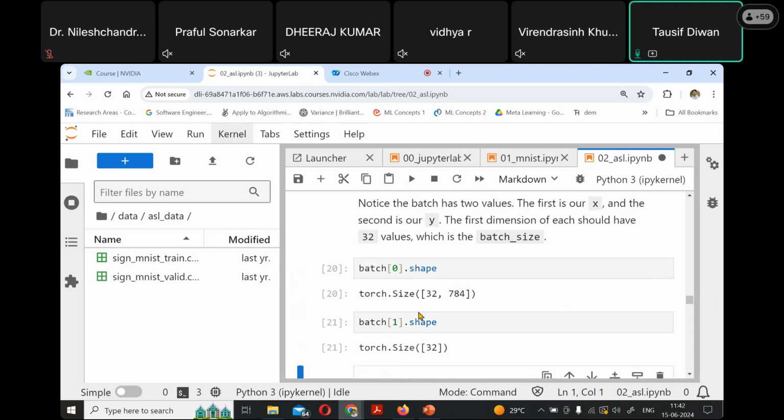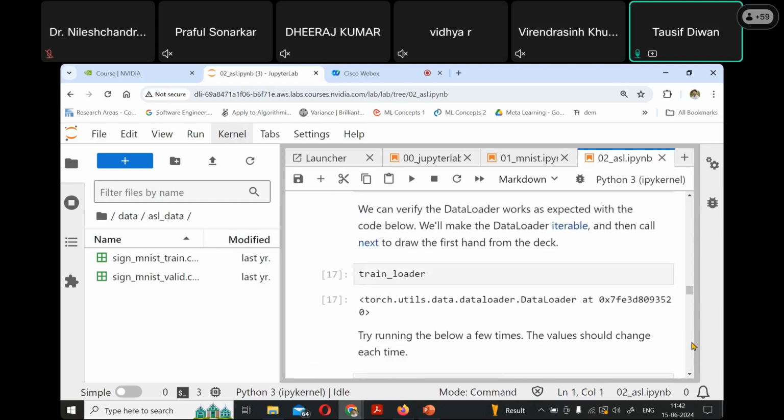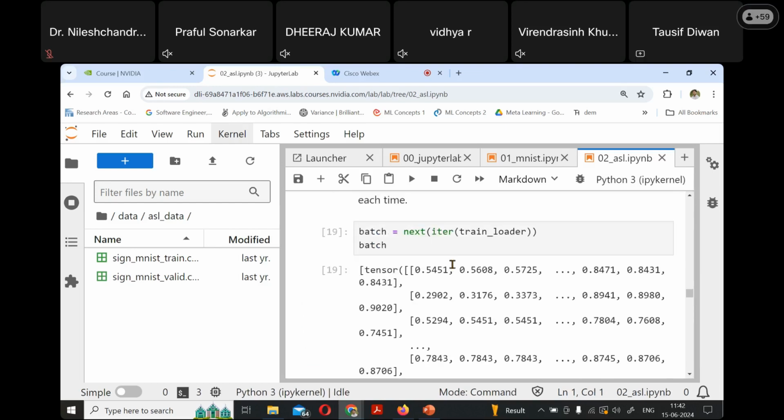Moreover, you can understand that these are not separate batches. This is the first item of the batch and this is the second item of the batch. See what we are extracting in a batch: in a batch, two things are there. One is image, another one is label.